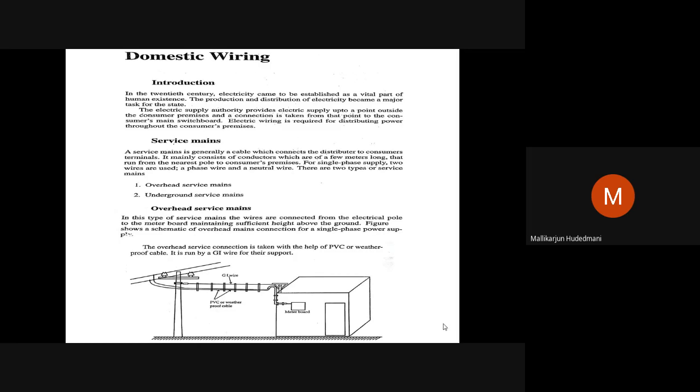To get the power to the premises, we have to take the connection from the distribution company service poles. That is what I am going to call service mains wiring. Service mains wiring is the drawing of cables from the distribution company electric pole to the house meter box. We call it the energy meter junction box.